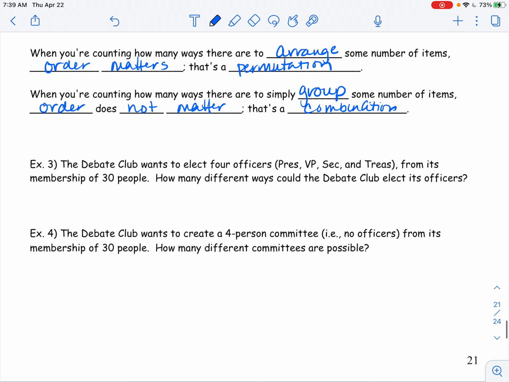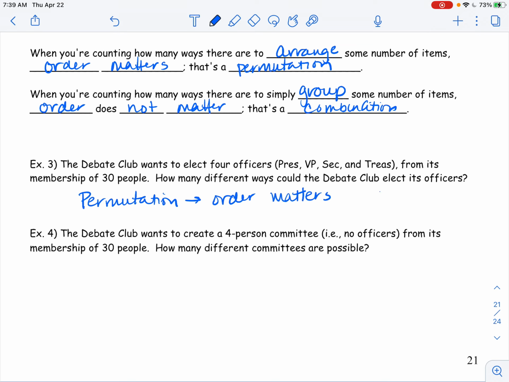All right, let's look at a couple more examples. We have the debate club wants to elect 4 officers from its members of 30. Well, this was just like the previous example. This is a permutation because the order matters.